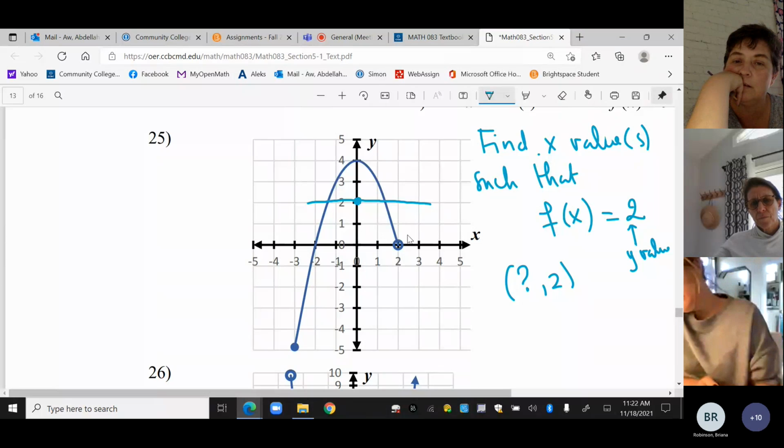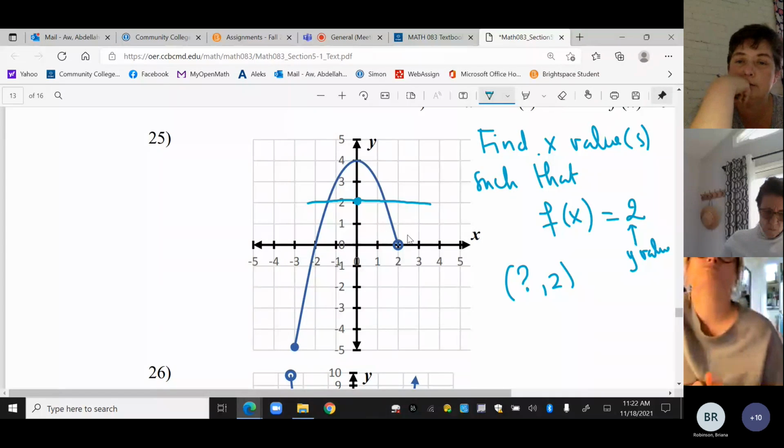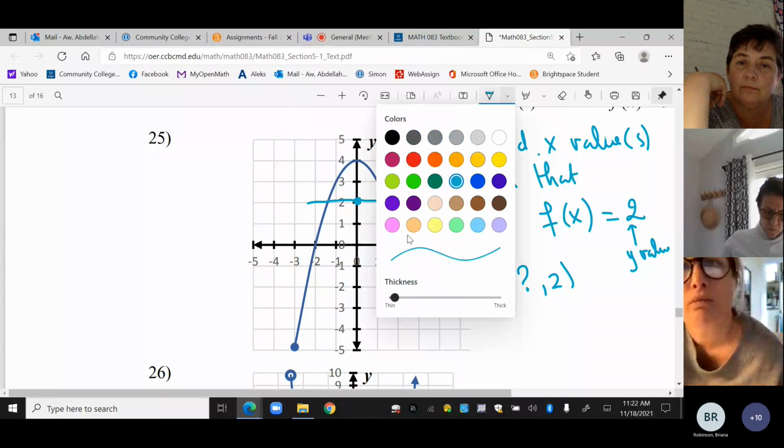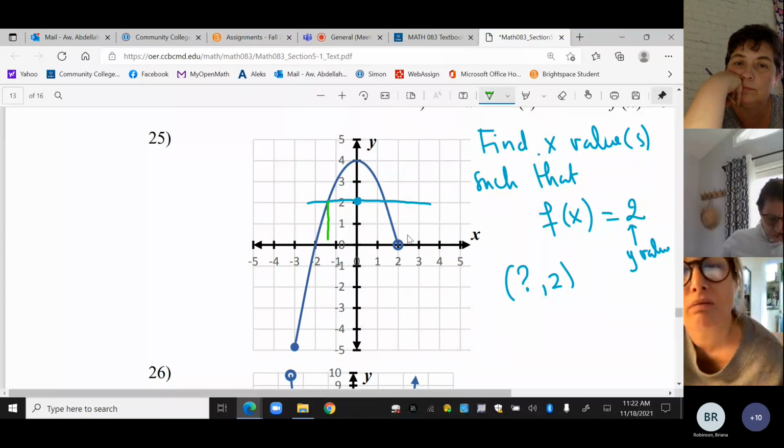The horizontal line can hit the graph 1 time, 2 times, 3 times, 4 times, 6 times. Here, it does hit the graph 2 times, at 2 locations, and then you have to read the x's. They are not exact numbers, but we can figure out what they are. What is the first x? About how much?